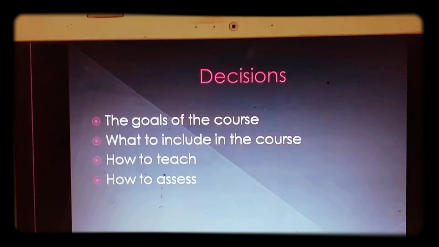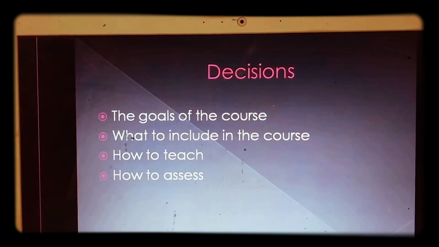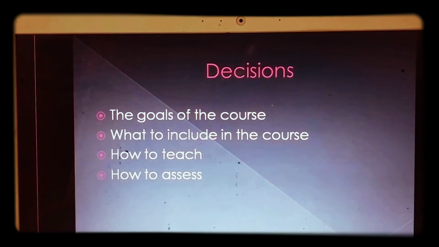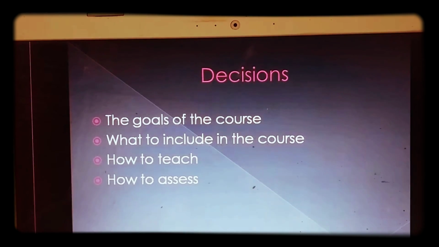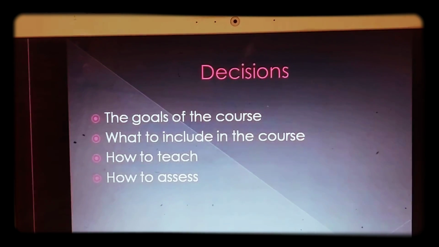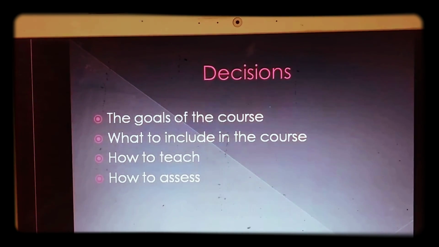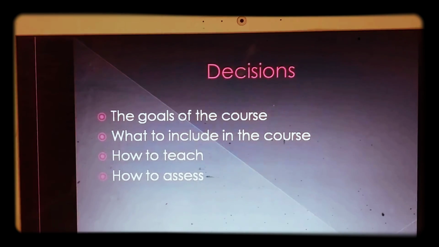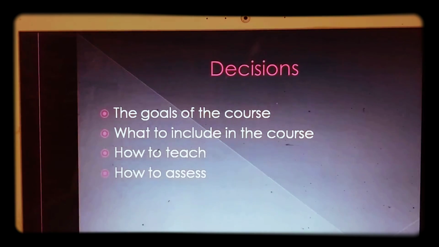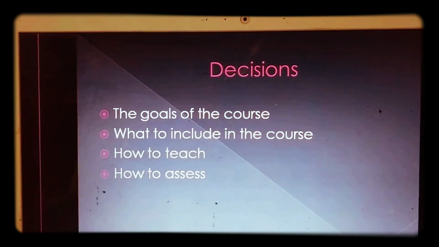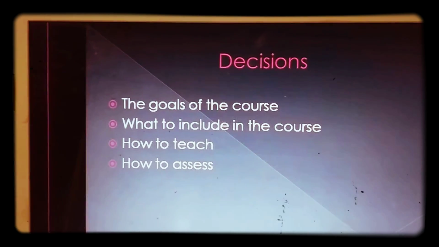Okay, from the four points on the slide: the goals of the course, what to include in the course, how the teacher teaches, and how the teacher assesses the course when they teach their students.